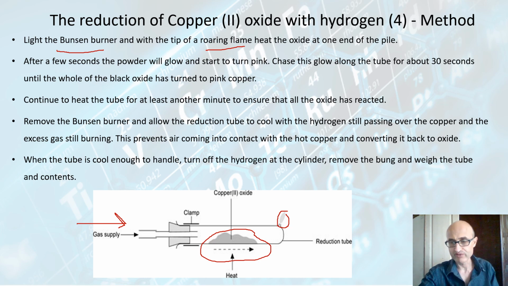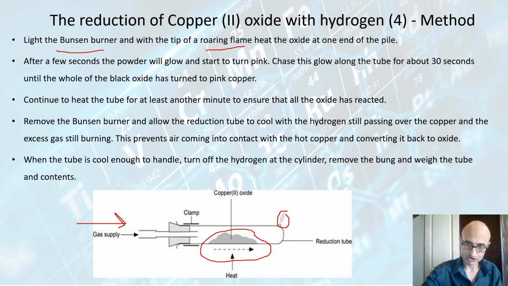So once you have the hydrogen flow moving through the cool glass tube, that is the point when you start to heat strongly. At that point, the copper 2 oxide, because of the very strong heat, will start to react with the hydrogen that is passing over the surface of the oxide metal.